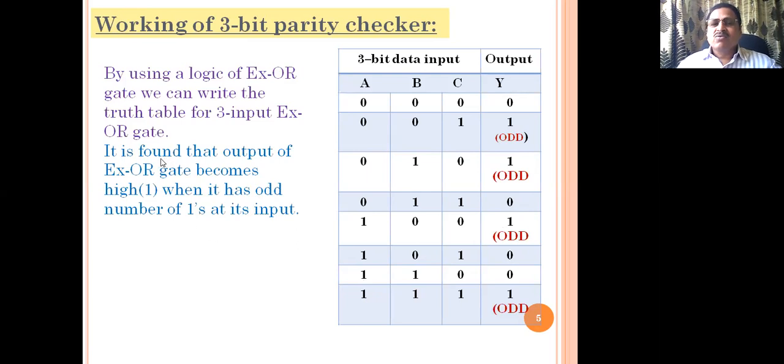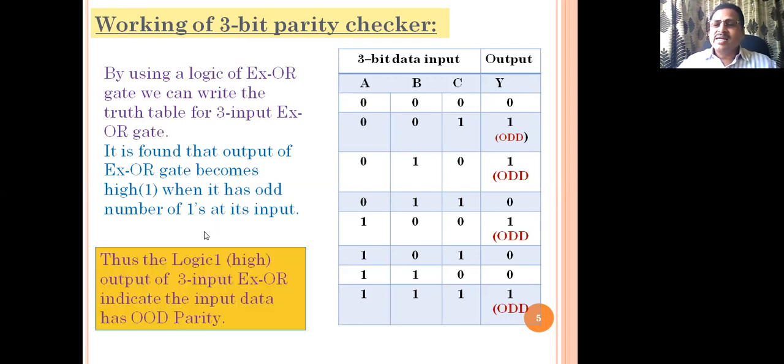That means the output of a 3-input XOR gate becomes high when it has an odd number of ones at its input. That means a high output indicates that the data possesses odd parity. Is that clear? A very simple technique.